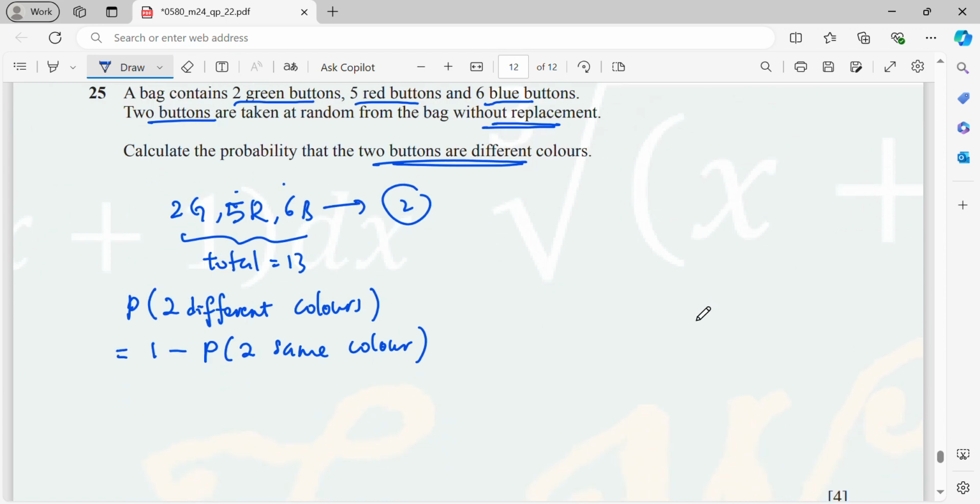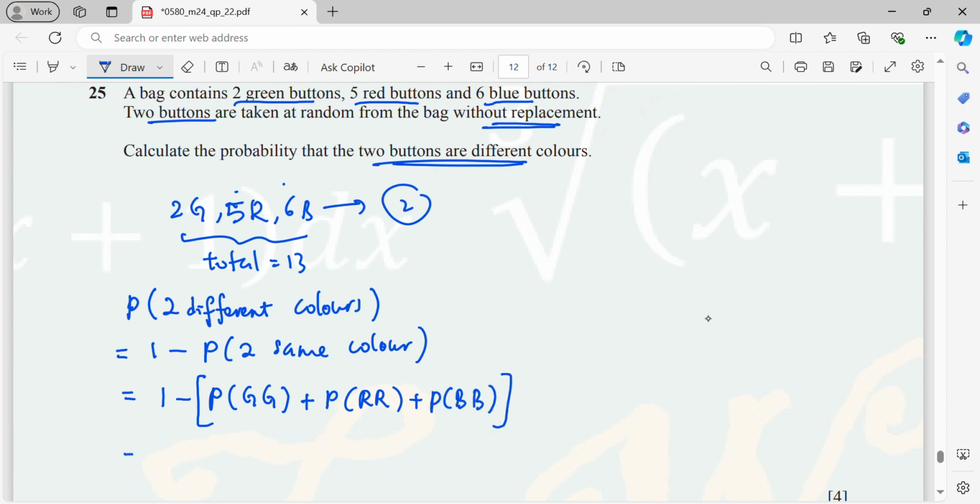Okay, so because when you observe the two buttons, you only have either 2 different colors or 2 same colors. So I use 1 minus both with the same colors. So it means that now both same colors will be both are green, or both are red, or both are blue buttons.